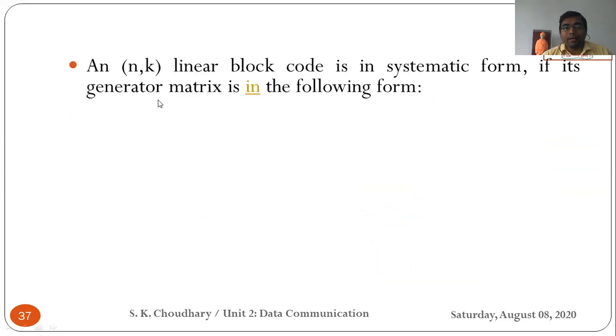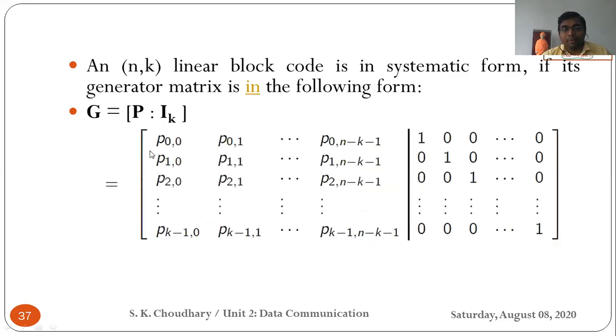An n comma k linear block code is in systematic form if its generator matrix is in the following form. For the sake of simplicity, always remember the generator matrix is defined by this equation: G is equal to P colon I_K.